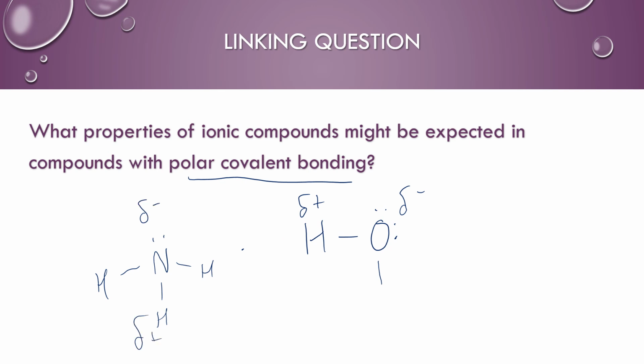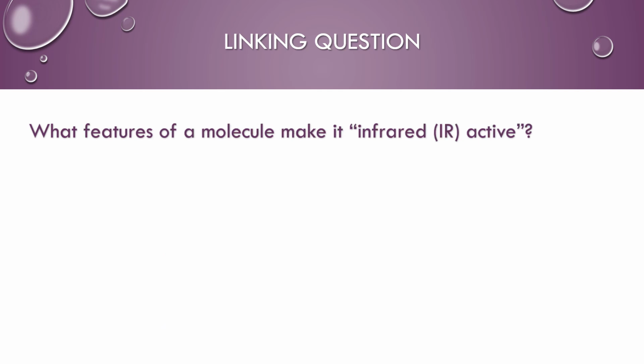The slight positive from, let's say this is a water molecule, can interact with the slight negative here, and that causes the ammonia to dissolve well in water. So ionic compounds tend to be fairly soluble in water because of the charges, but also polar covalent compounds can also typically dissolve in water because it is polar as well.